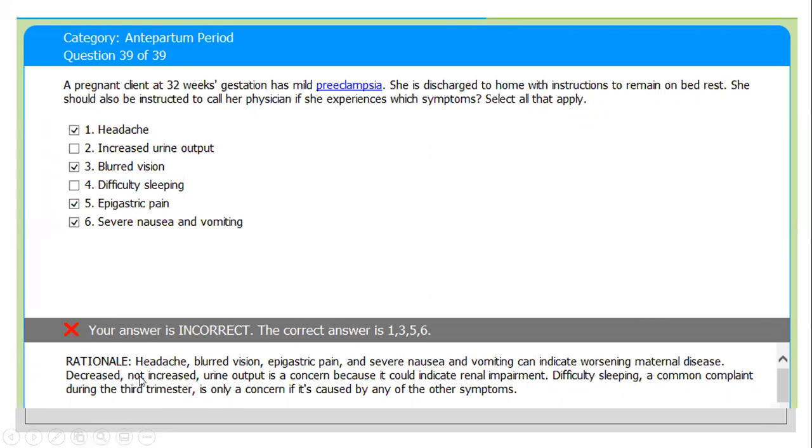Decreased, and not increased, urine output is a concern because it could indicate renal impairment. Difficulty sleeping, a common complaint during the third trimester, is only a concern if caused by any of the other symptoms.